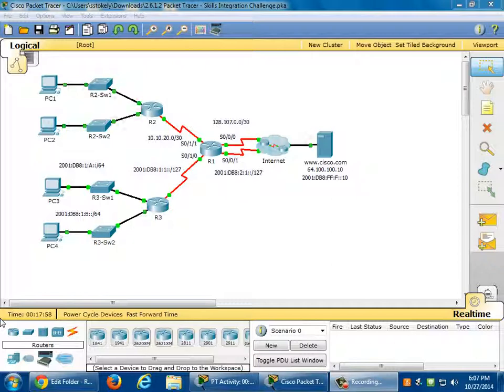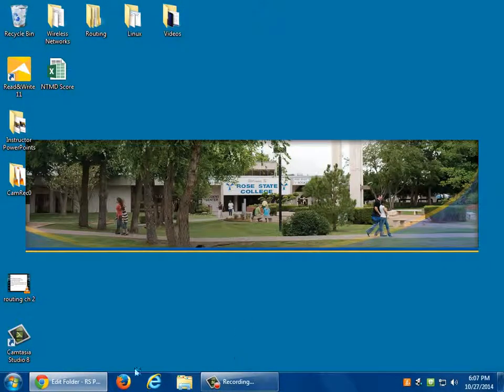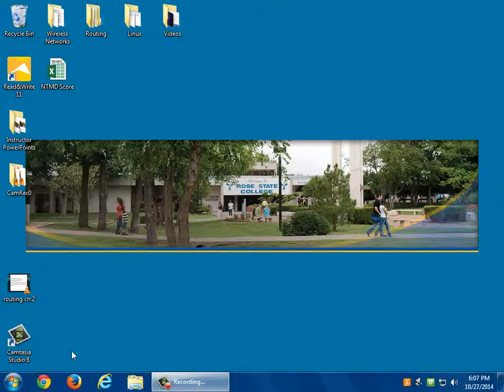Remember when we were looking at the routing tables, in the routing table, it'll say like 192.168.1.0/20.